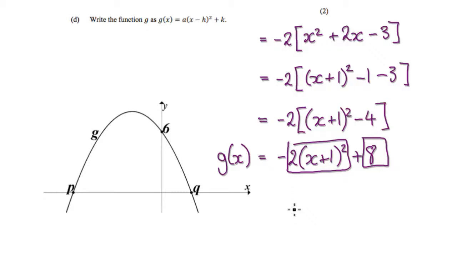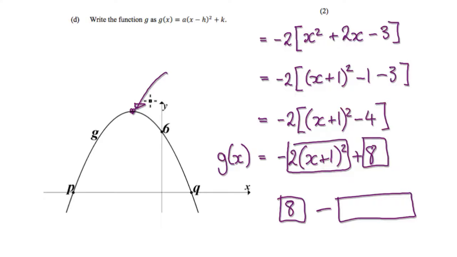So you can imagine it like this. You've got a block of 8, and then you're taking away this massive block here. If you're trying to find out the highest point, then you want to minimize this block, because you've got 8, take away something. Well, if you minimize this something here, that will then give you the highest point, because you're trying to find out the highest point. So try and take away as little as possible.